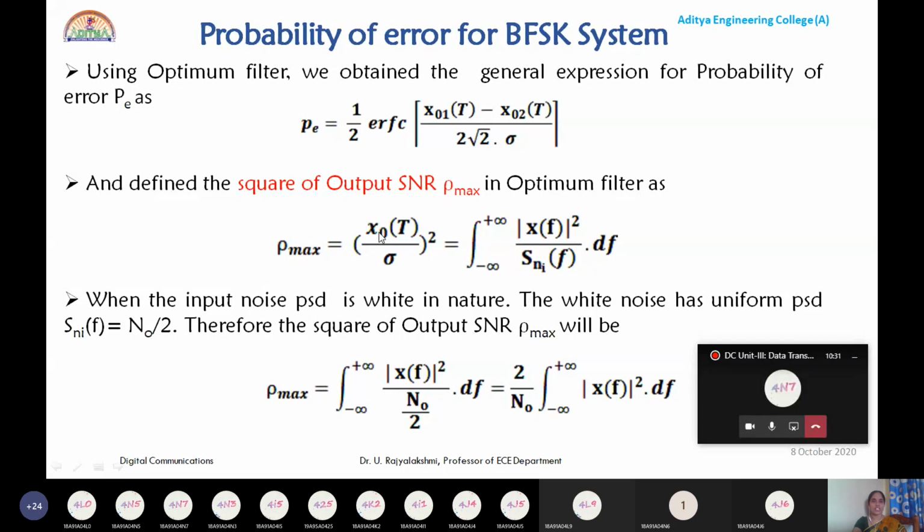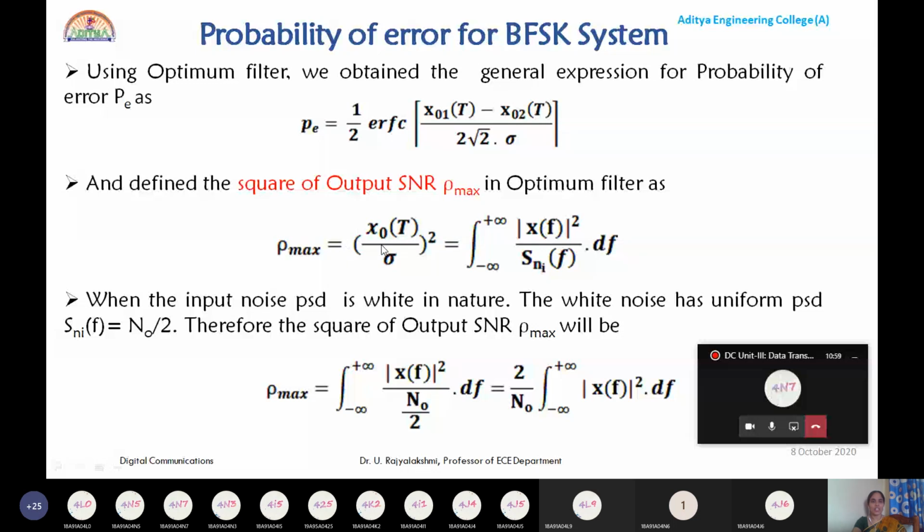That's why we can say that this ratio is the output SNR, and we are considering the square of output SNR. So we are going to maximize that, because the relationship between PE and output SNR is ERFC of output SNR. It means that there exists a complement relationship between the probability of error and output SNR.